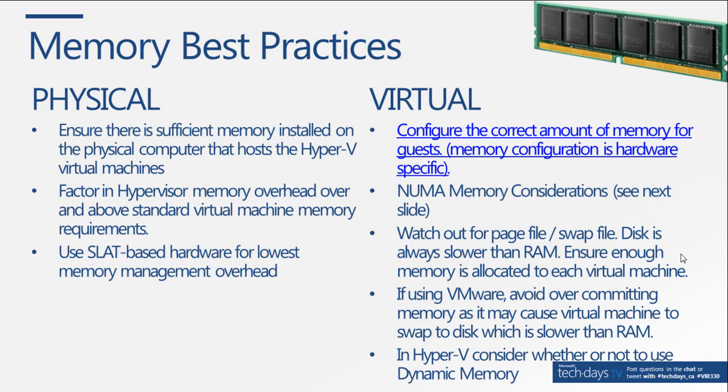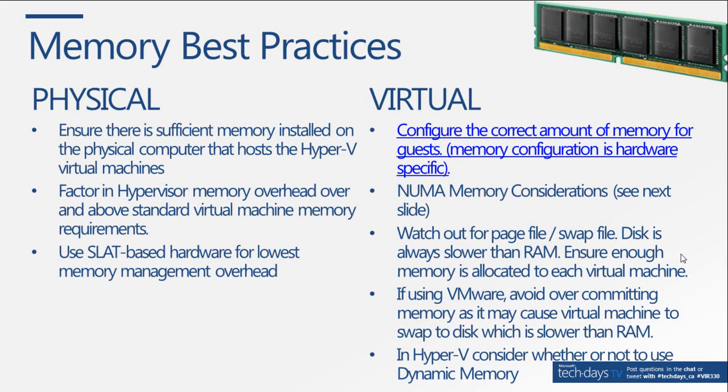Also, from the standpoint of memory itself, one of the most expensive things that a Hyper-V host has to do is to map the physical memory in the physical host to virtual memory used by virtual machines. And there's two ways of doing that.